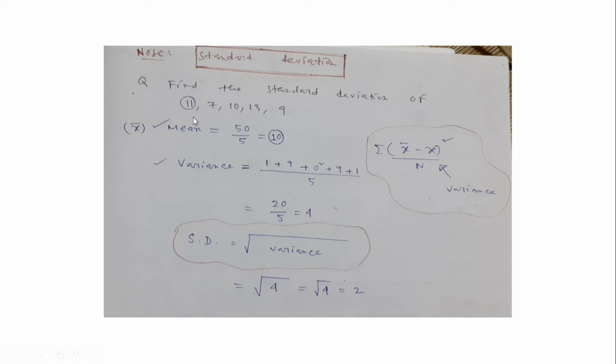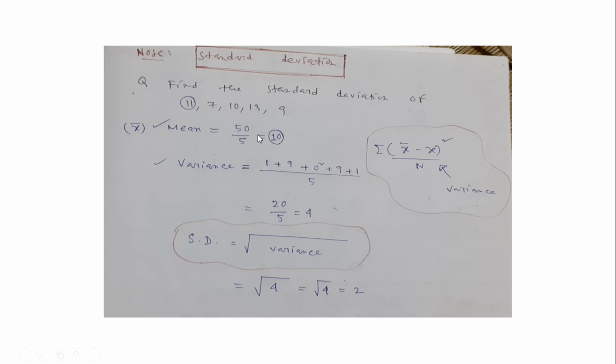Mean is the average of all the values. Then we subtract each term from it, like here is 11 and mean is 10, so we just subtract the numbers and then square, and then we divide this by the total number of terms present in this sequence.